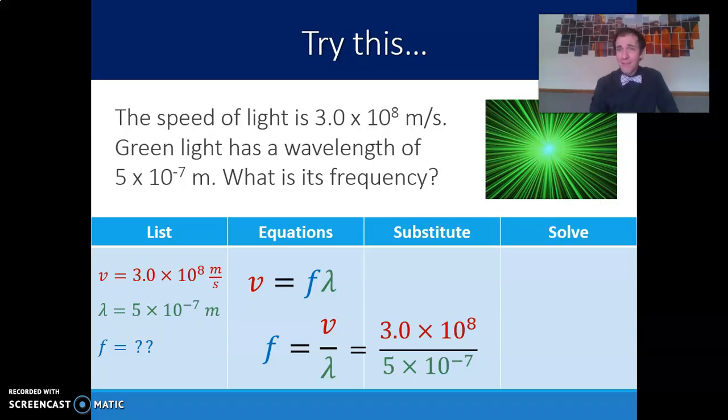Okay, if you plug this out, you're going to find that the frequency is really, really big. It should be times 10 to the 14th. You'll get 6 times 10 to the 14th hertz, which means that green light, as your eyes experience it, actually accounts for 6 times 10 to the 14th vibrations every second as it enters your eye.